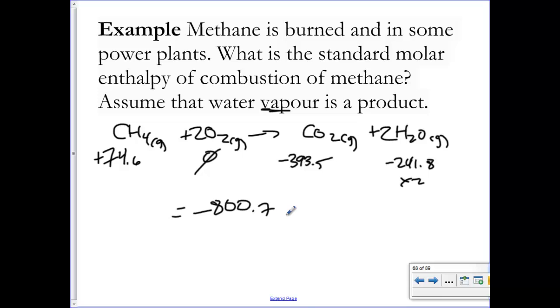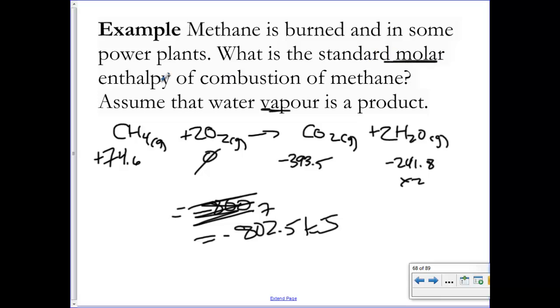Anybody else get that? You forgot to times it by 2, I think. Okay, 802.5? Yeah, okay, there we go. I messed up last time. Negative 802.5. Now that's in kilojoules.